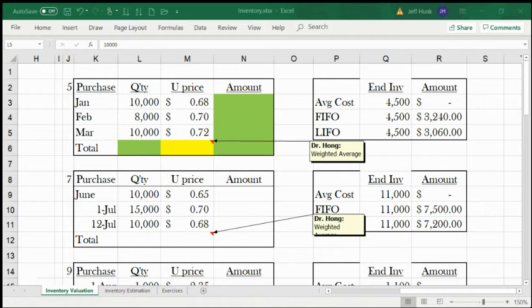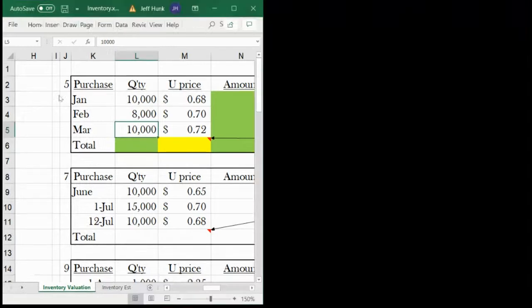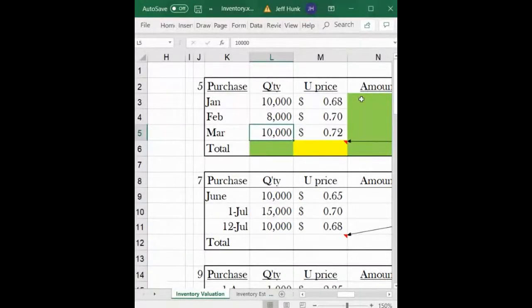Okay. 5,430, just like our example in the slide. 8,050, 12,370.